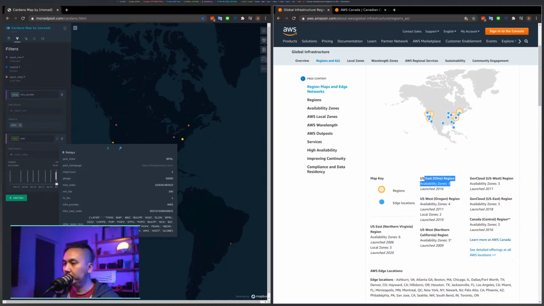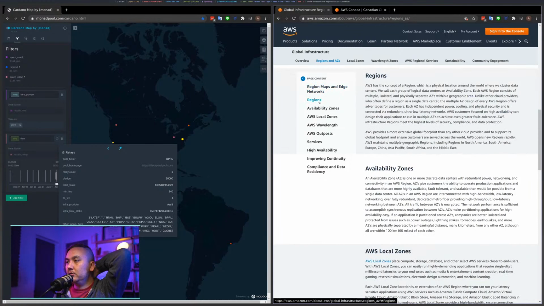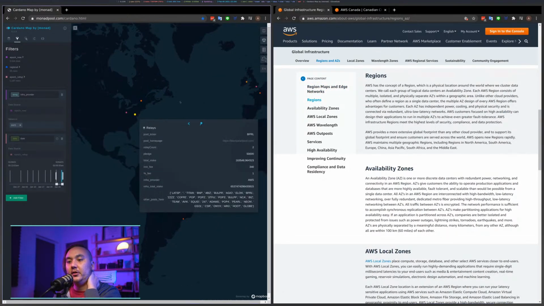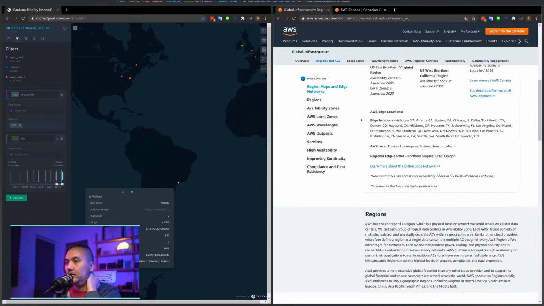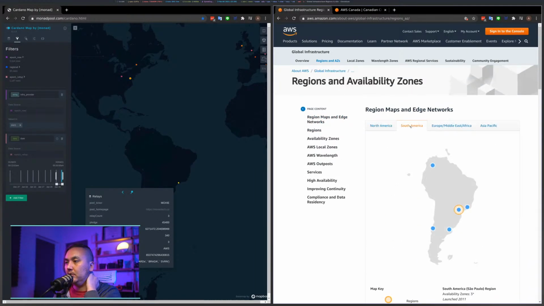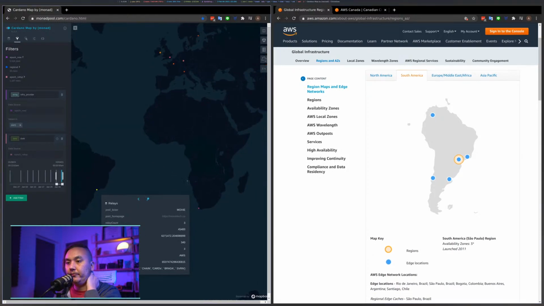That's GovCloud, so that's that. I wonder South America, like, right? That's kind of mapping right there to the Sao Paulo region.